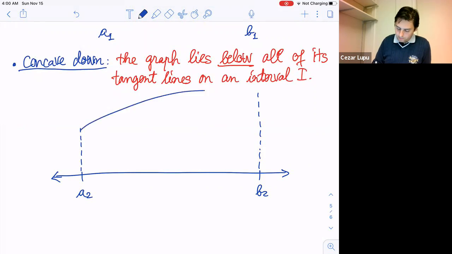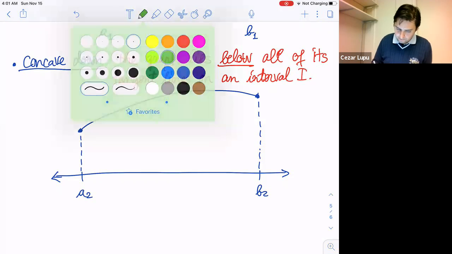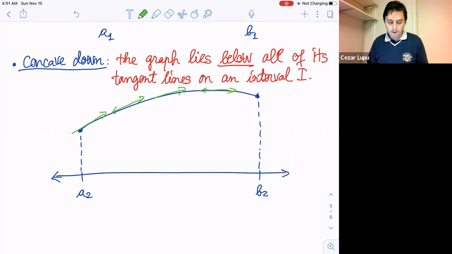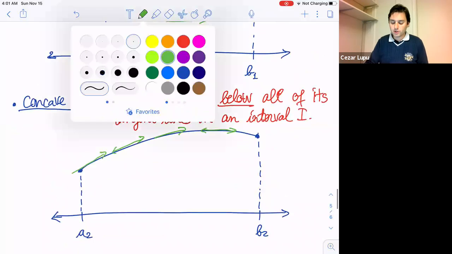So let's just say we have something like this. And now all of its tangents are above the graph, right? As you can see. All right, so these are the two situations.